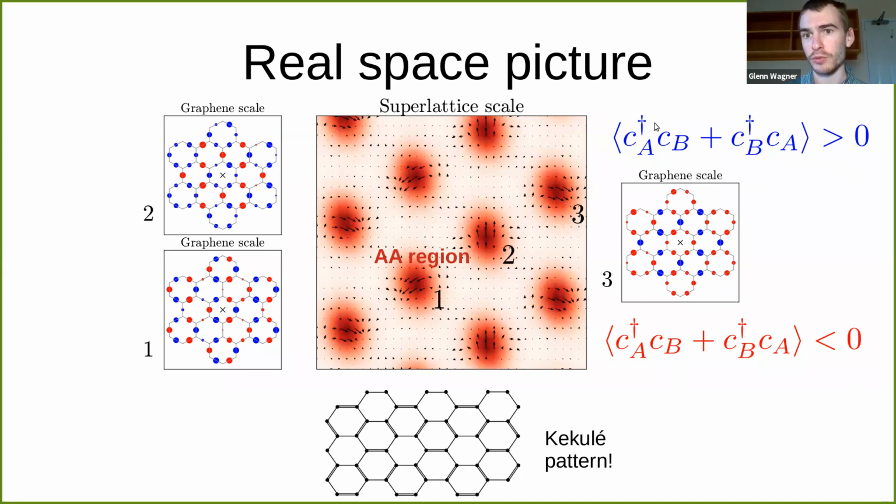Blue means that this order parameter is larger than 0, red means that it's less than 0. You can see that in these 3 different regions, the bond order parameter has a different pattern as you go around one of these hexagons. In particular, here it's got this Kekulé pattern of alternating signs on alternating bonds. And this Kekulé pattern is shifting as you go from region 1, 2, and 3. So this is really a way to visualize the IKS state in real space.